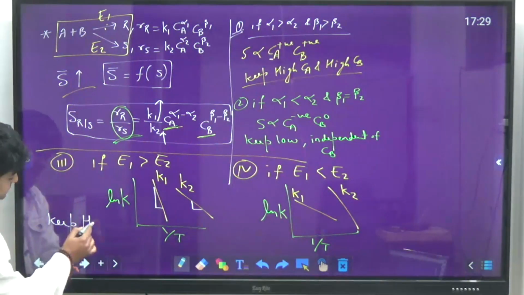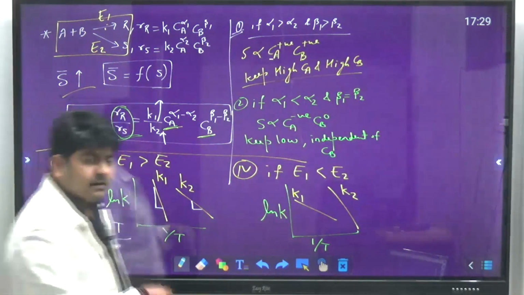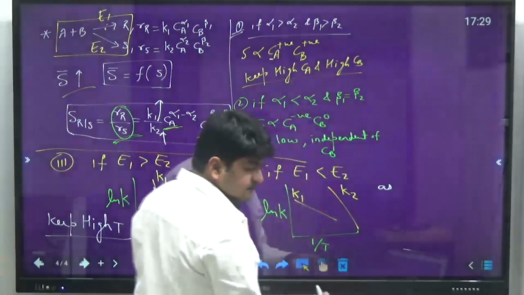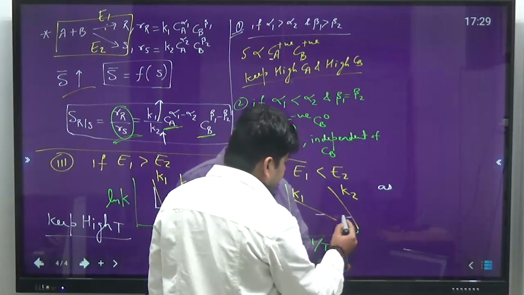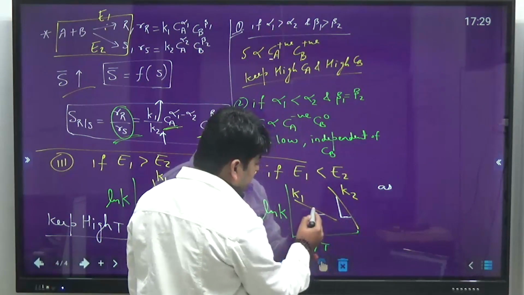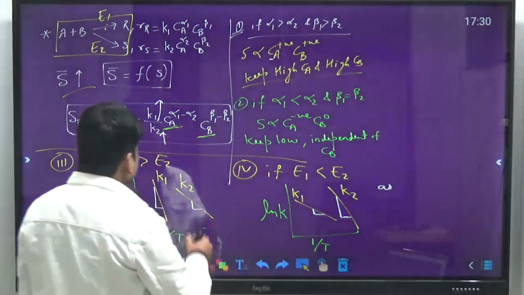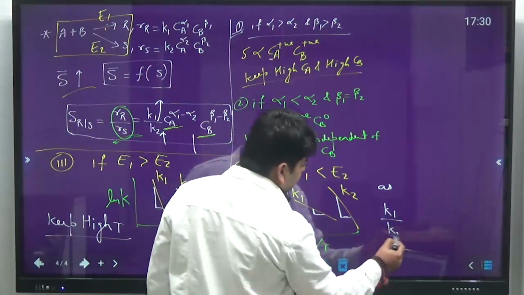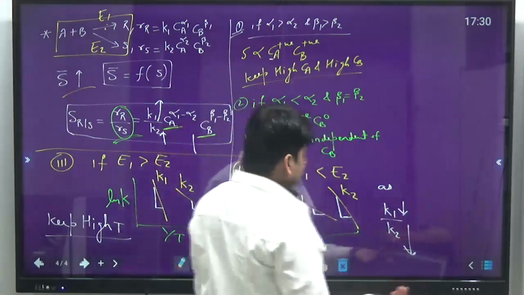So what will I do? I will keep high temperature. And here you can see, as you decrease the temperature, K will decrease, but the decrease in K2 will be more as compared to the decrease in K1.